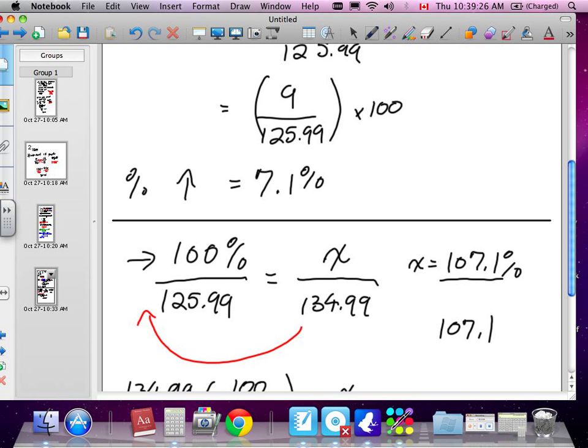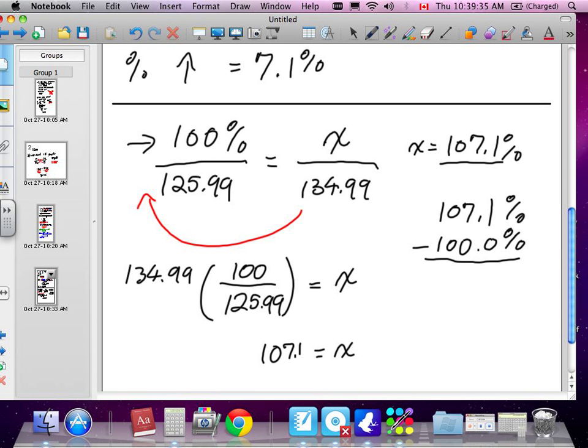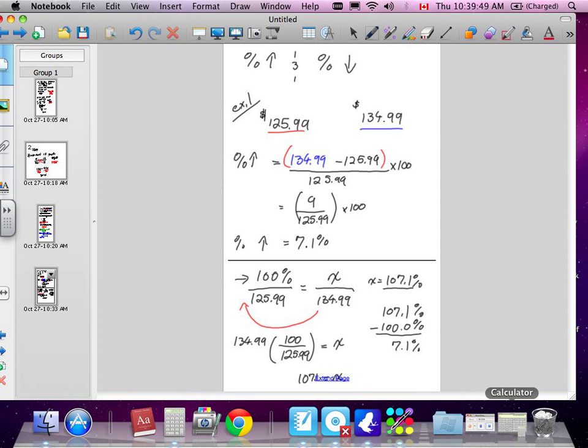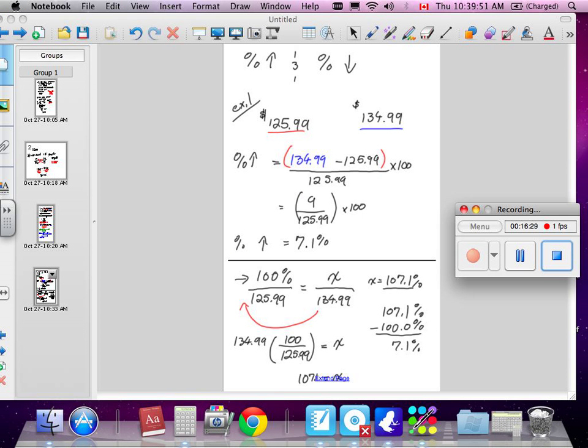We take 107.1, subtract 100%. So these were our two percentages. What would our percentage increase be? 7.1. Now, if you don't like this way, do the other way. If you don't like the other way, try it this way. We showed you two ways to solve this question.